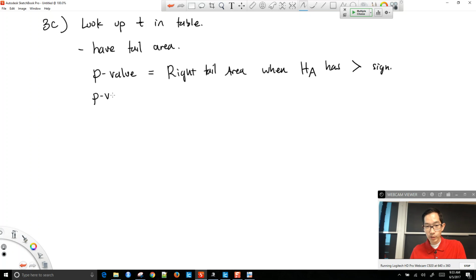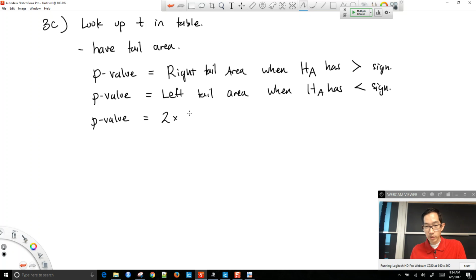P-value is equal to the left tail area when the alternative has a less than sign. And the p-value is going to equal what? 2 times the tail area when the alternative has a not equal sign. Okay?